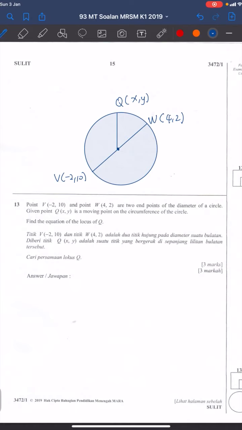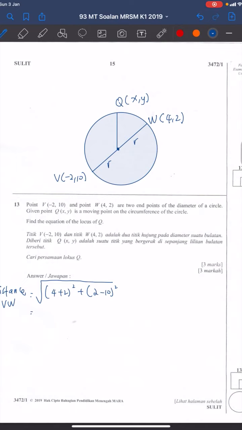Okay, so daripada gambar itu, kita tahu kita boleh cari distance of V and W. Next, daripada distance tu kita boleh dapat radius. Next, daripada sini juga saya boleh kira midpoint. So first kita kira distance dulu. Distance of VW, square root of 4 plus 2 square plus 2 minus 10 square.